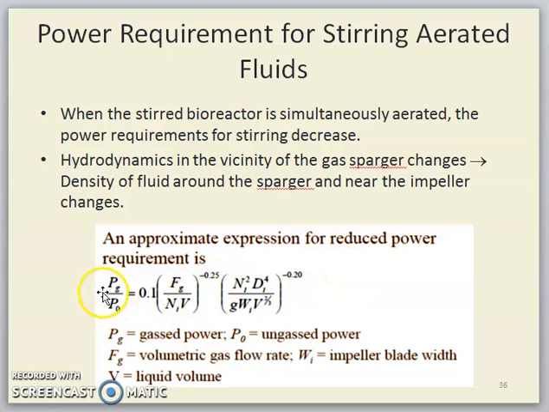We have the gas power P_g and P_0 is the ungassed power. So you can use the equation here to find any variable, whether to calculate the gas power or the ungassed power. The liquid volume is based on the working volume of the fermenter.